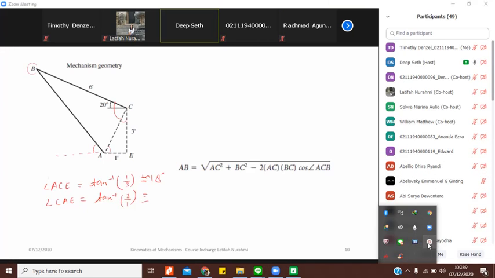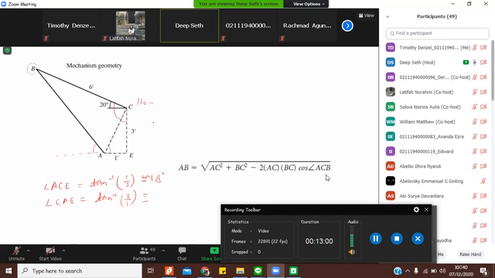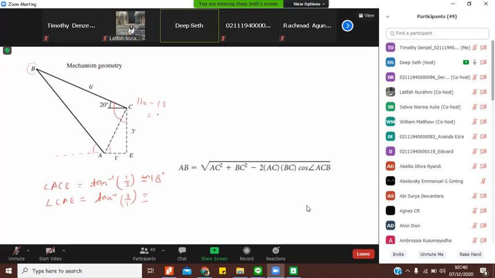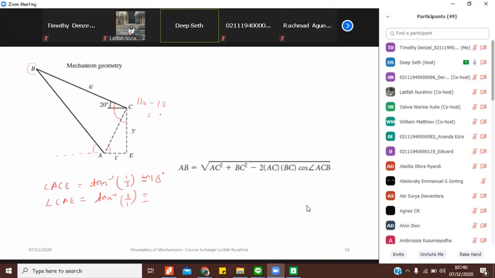You already know this angle, because you just have to subtract 18 from 110, so approx 92 degrees you will get this angle. Actually it is 91.05 something exactly. You just enter this and you will find AB. AC and BC you know, because AC you can calculate using the trigonometric function: 1 square plus 3 square under root, you will get this one, right? And yeah, that's all.